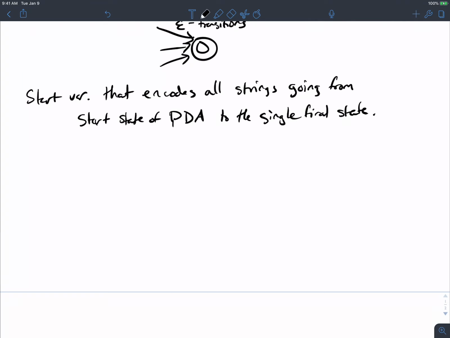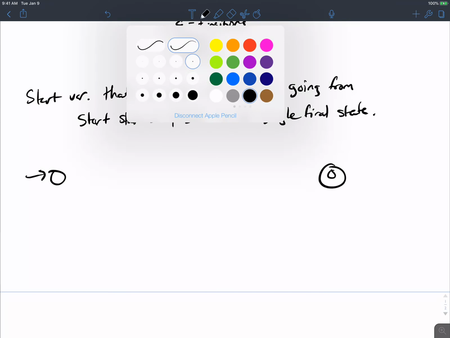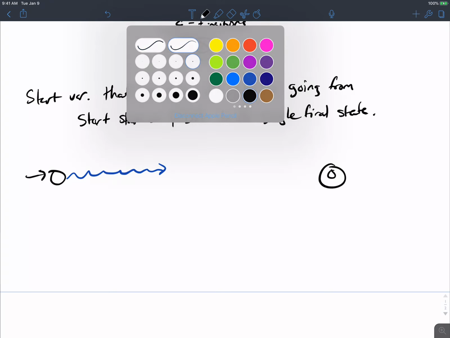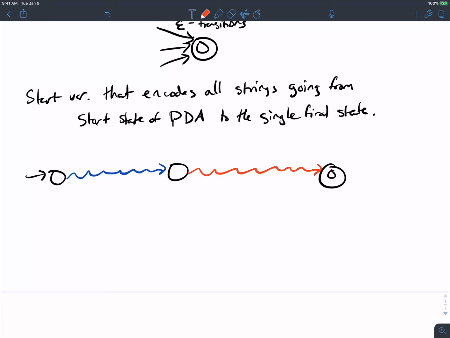What we noted last time is if we have the start state over here, the final state over here, and a lot of transitions to go to some state in the middle, and then some other transitions to go over to the single final state. Well, if I know how to generate the strings in the first half, and I know how to generate the strings in the second half, we noted that it's just the concatenation of the strings we can get from the first half and the things we can get from the second half. Seem reasonable?